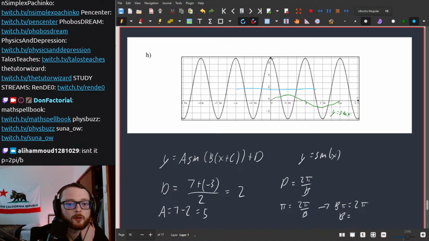So my eyes immediately go to this point here. Like this would be our origin if it wasn't shifted, because it goes up from here. I wouldn't want to choose this point here because it's going downwards. I could choose this point over here too to do this next part with, but there's multiple right answers for this. I'm going to choose this point though.